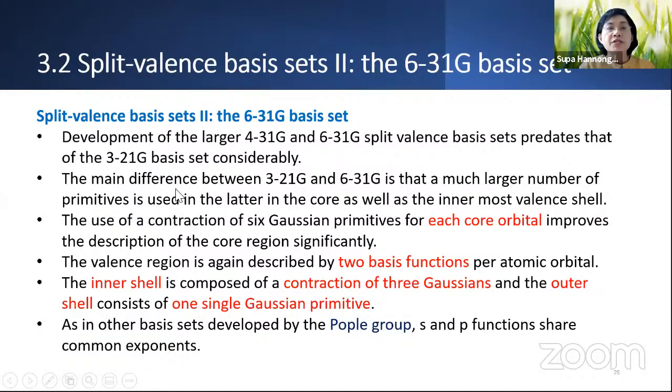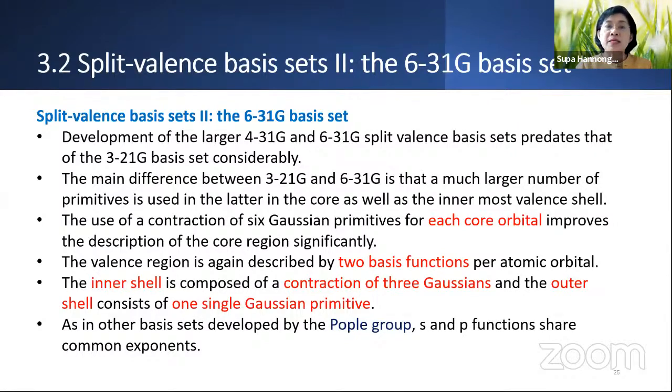When we consider the main difference between 3-21G and 6-31G, it is that a much larger number of primitives is used in the latter, 6-31G, especially in the core as well as in the innermost valence shell. So if you have molecules, for example methanol or methane, you can compare the calculations using 3-21G and 6-31G.